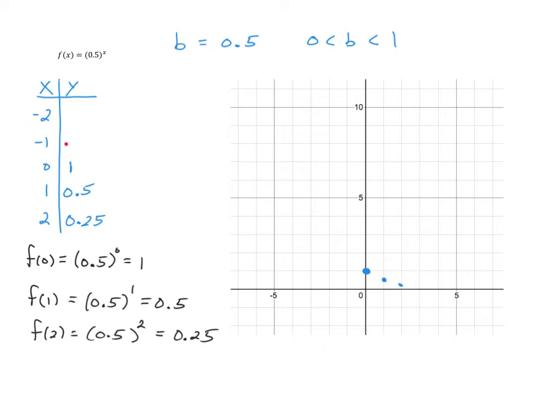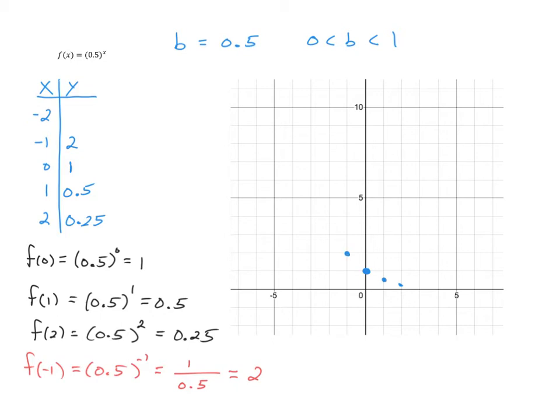Okay, what about -1 and -2? Let's check those out. F of -1, that is 0.5 to the -1 power. That's 1 divided by 0.5. And 1 divided by 0.5 is 2. So at -1, we get 2.